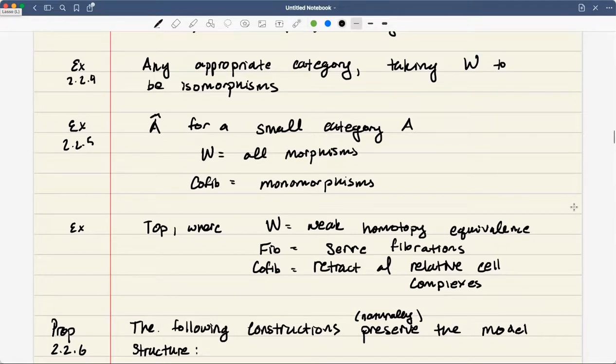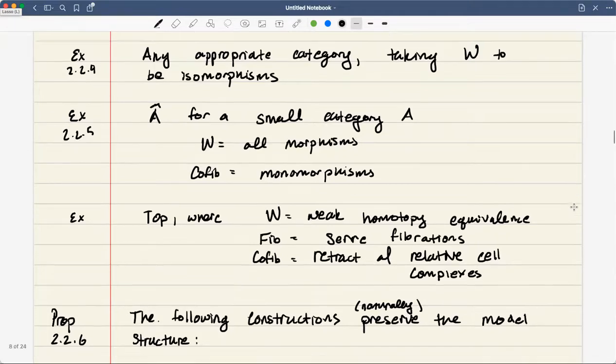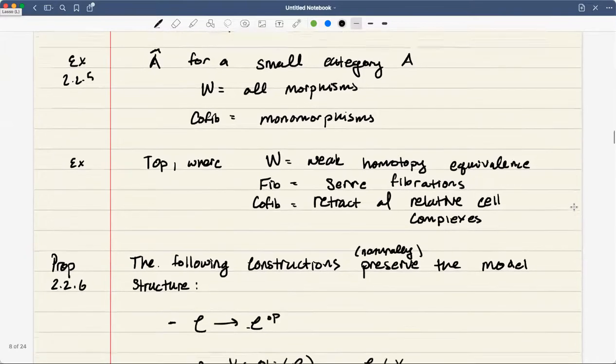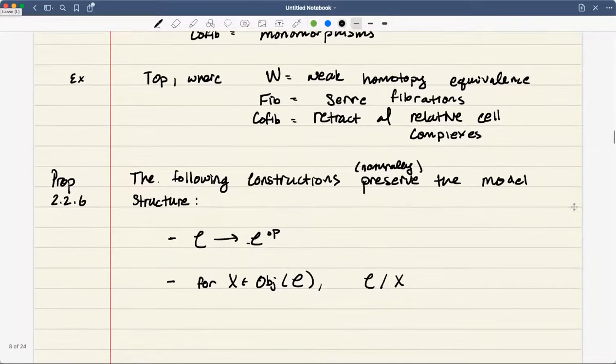Then the prototypical example is the category of topological spaces. Weak equivalences are weak homotopy equivalences, same homotopy groups between your spaces, fibrations are Serre fibrations, and then you define your cofibrations to be retracts of relative cell complexes.